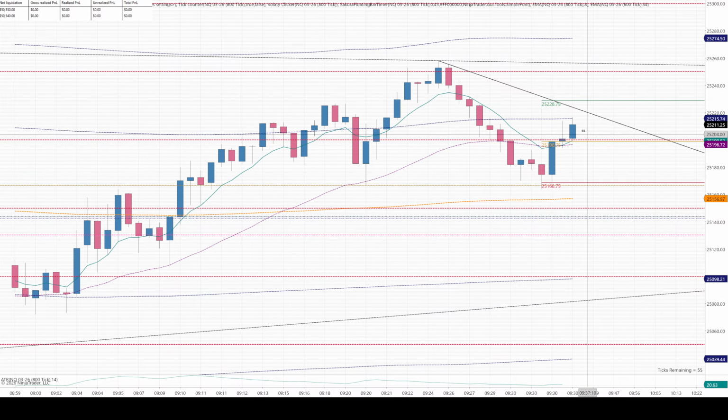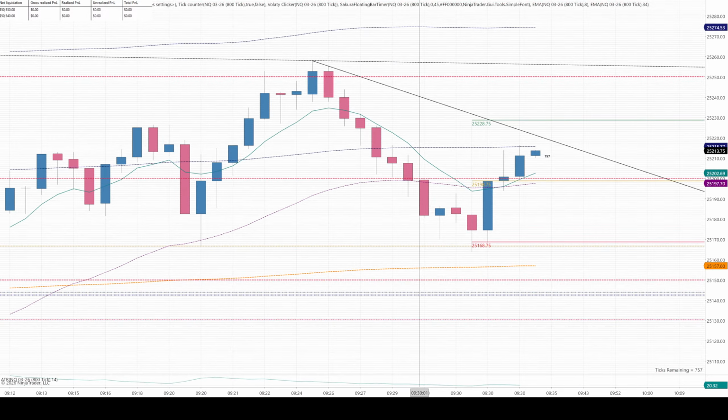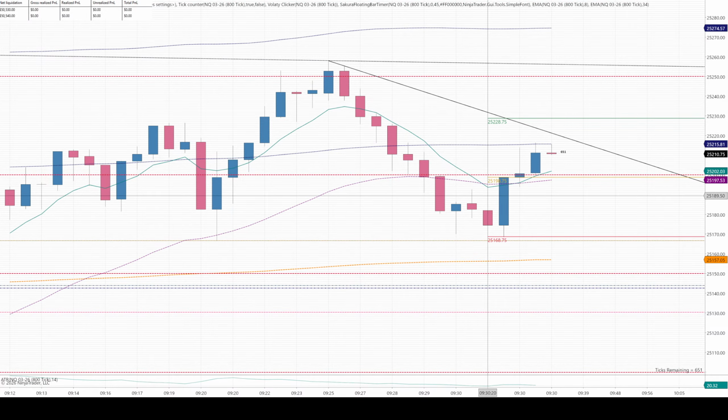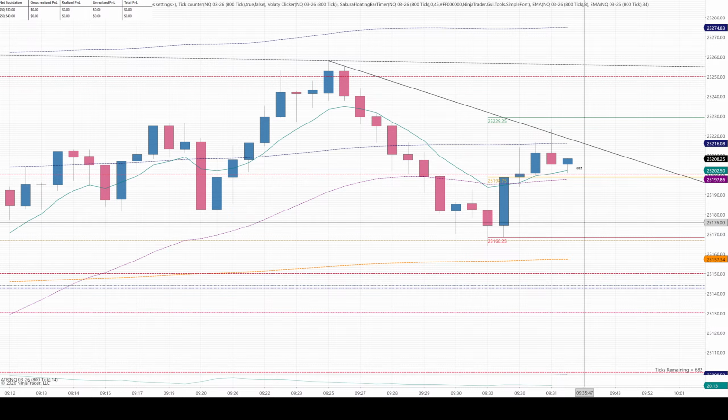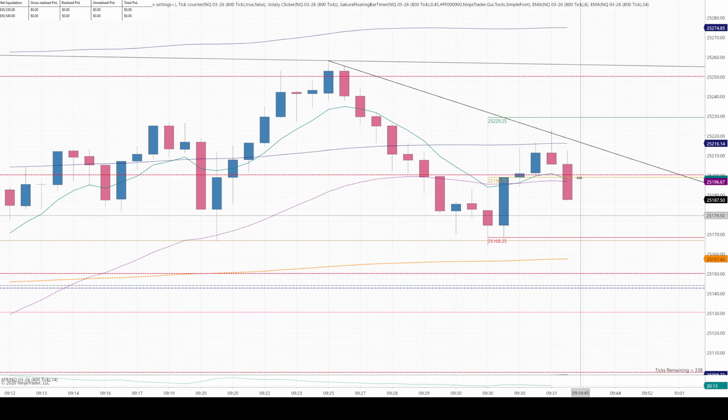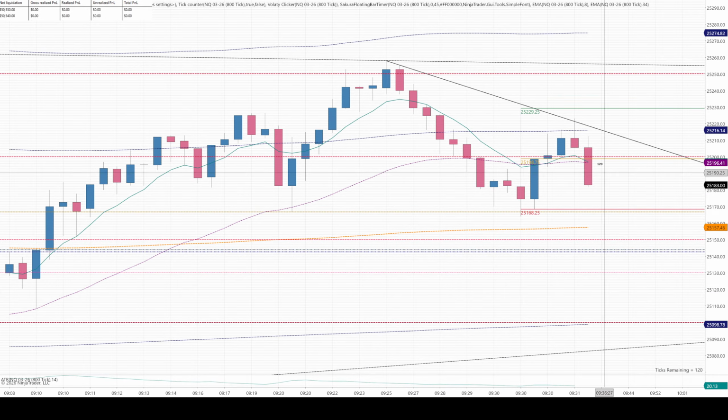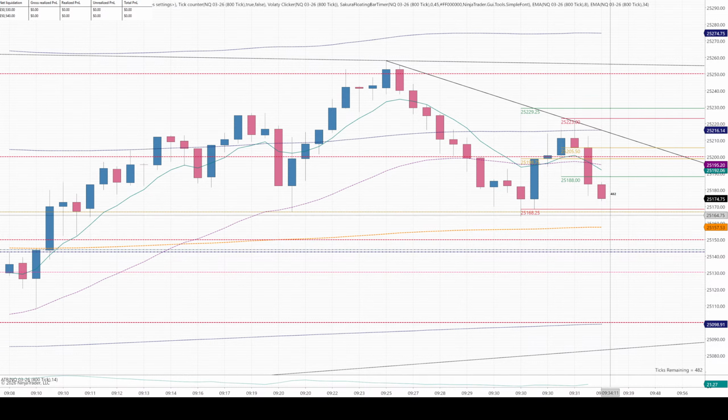See what it wants to do. Okay, there's that failure I was worried about. Bearish signal hit target. We're reapproaching the bottom of this candle here.